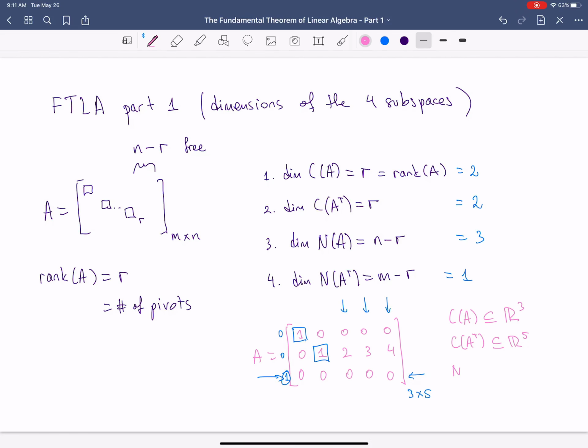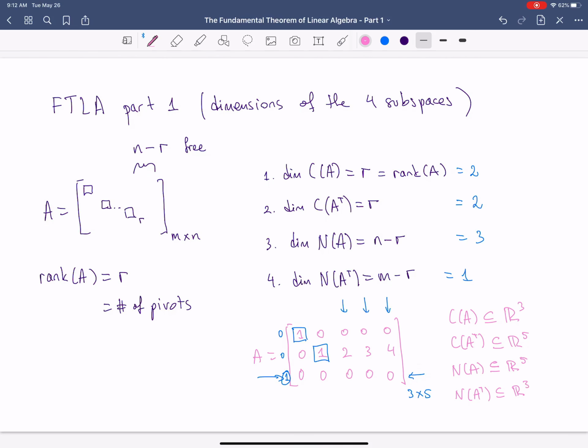The null space of A, well, the null space needs to tell me how to combine all the 5 columns of A. Therefore, it must be a subspace of R5. And the left null space of A, it tells me how to combine the rows of A, but A has 3 rows, therefore this is a subspace of R3.